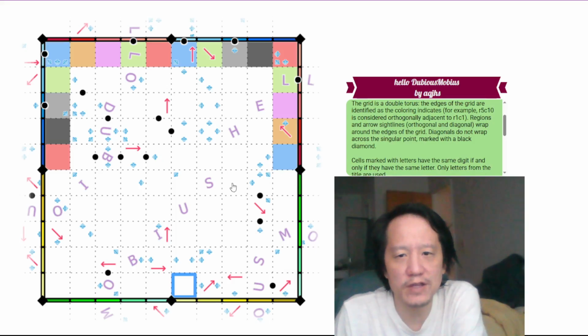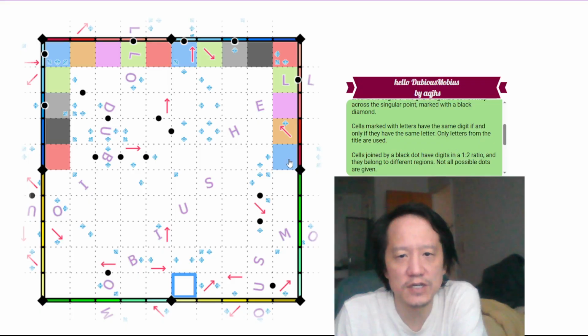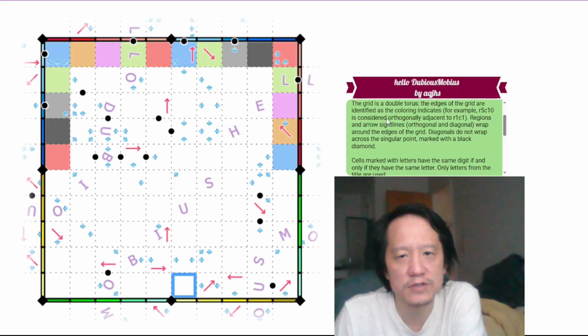Cells marked with letters have the same digit if and only if they have the same letter. Only letters from the title are used, which is Hello, DubiousMobius.